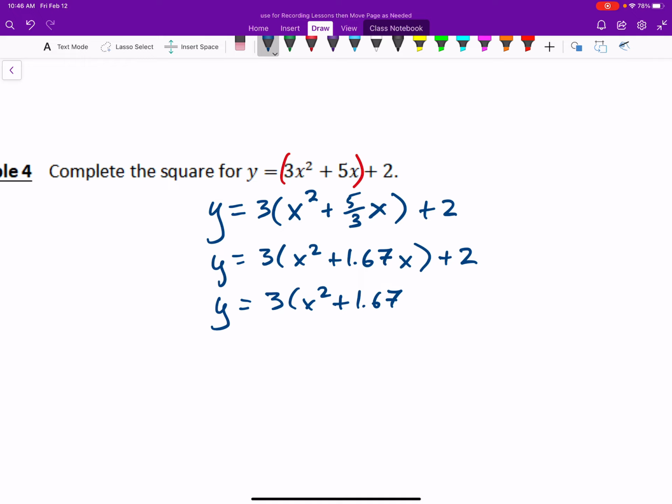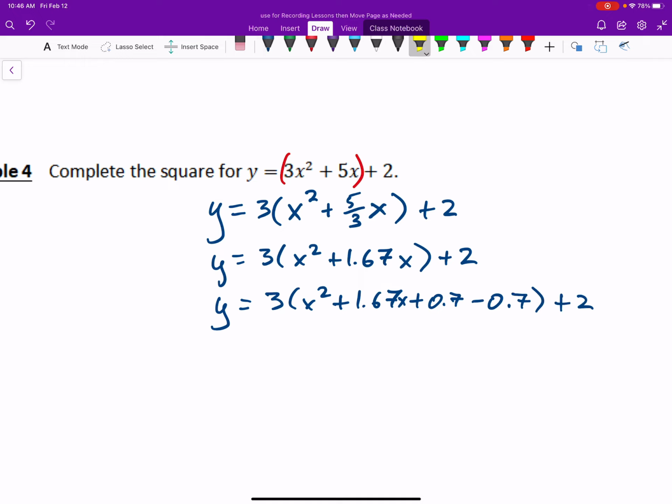Is that right? Yes, I guess it is. Let me just double check. 1.67 divided by 2 squared is 0.7. So plus 0.7. And of course I have to subtract that again, 0.7.